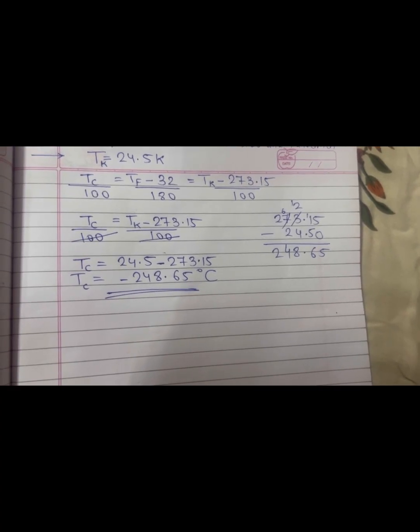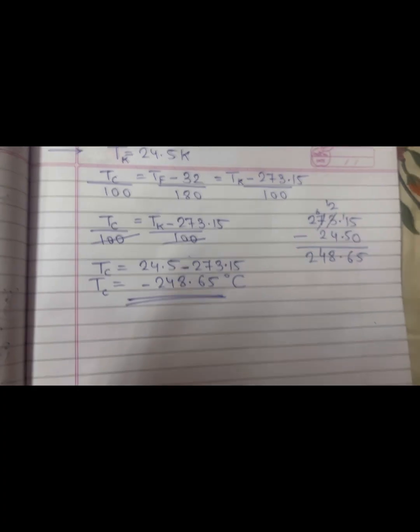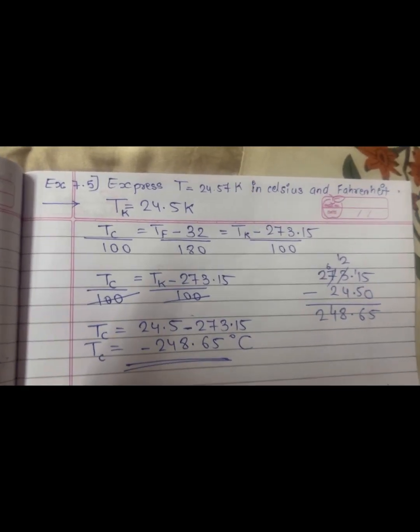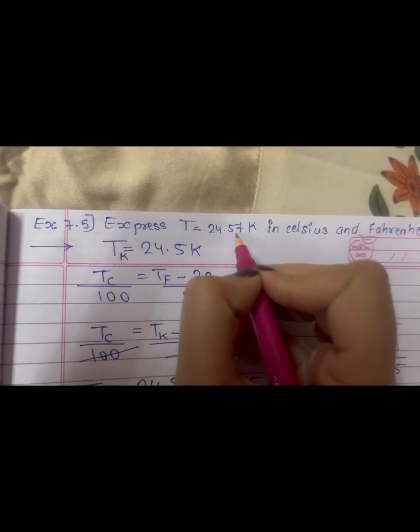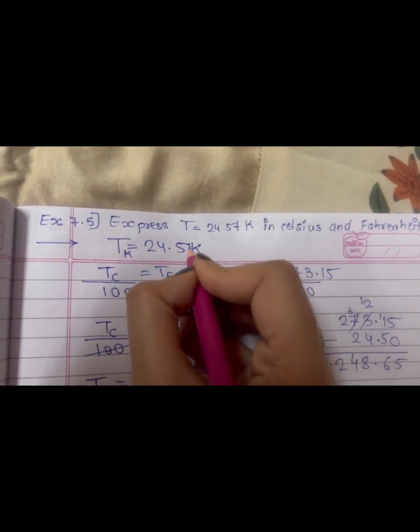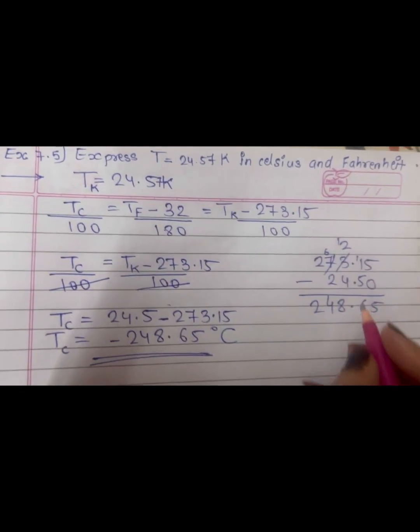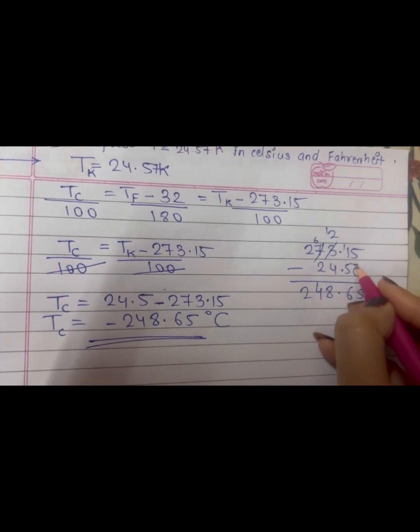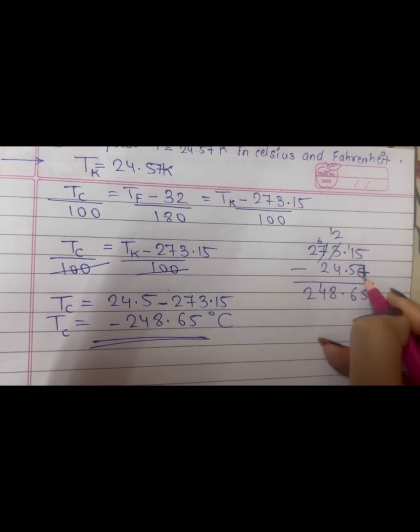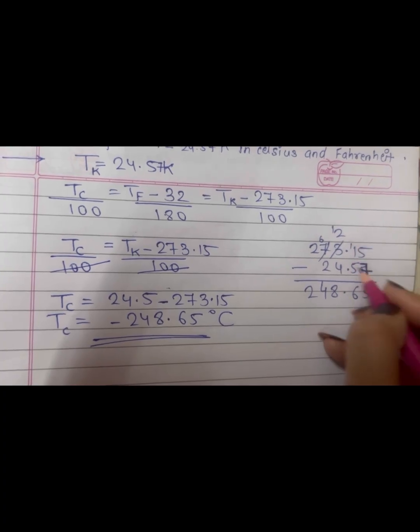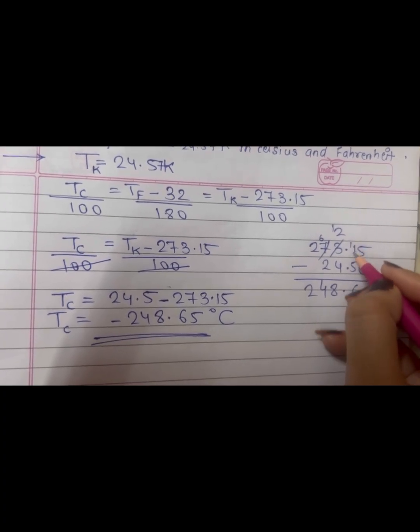In your textbook it is given as... did I make a mistake somewhere? Oh, see. It is 24.57 Kelvin and I just took it as 24.5. So 24.57 over here, so I'll have to borrow more. I won't stop over here.